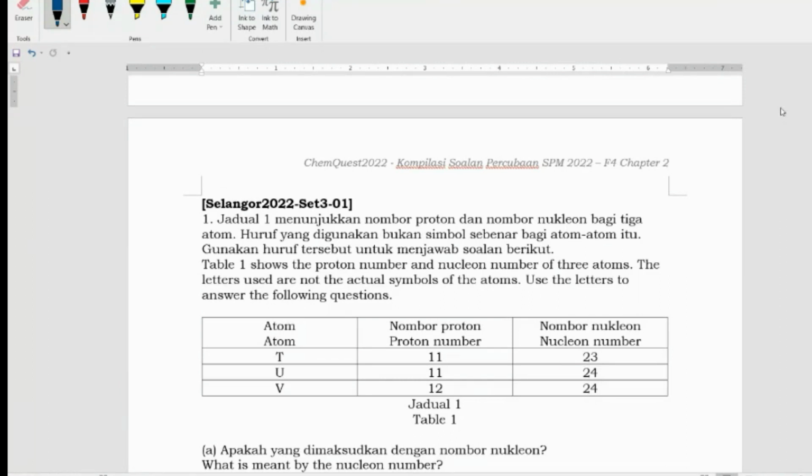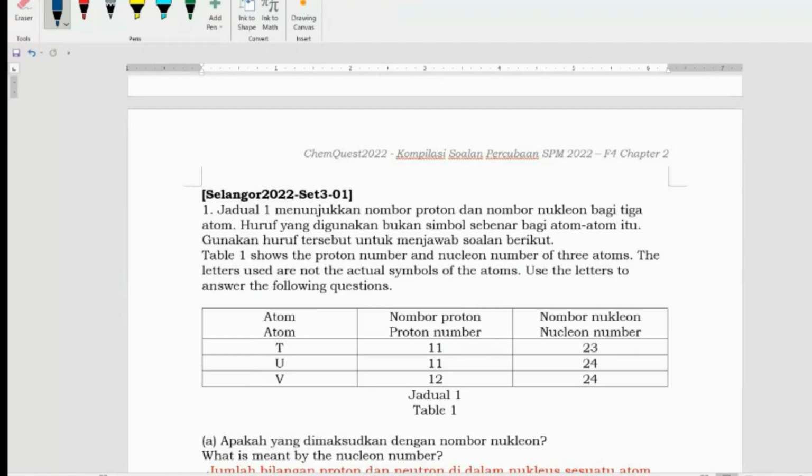They miss one keyword lah. Ada satu kata kunci yang hilang. The total number of protons and neutrons in the nucleus of an atom. Yes, correct.